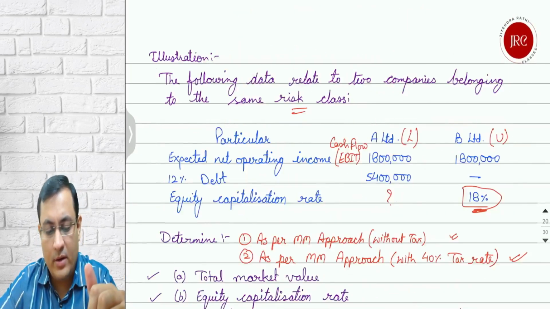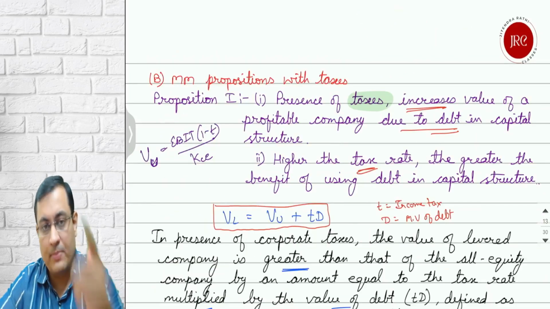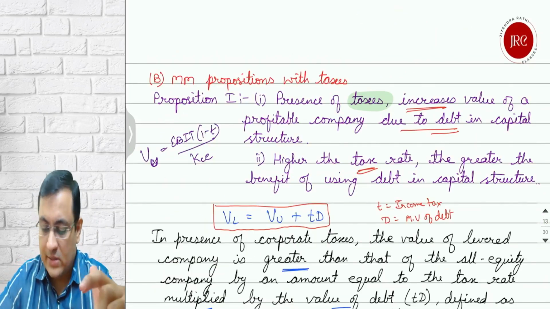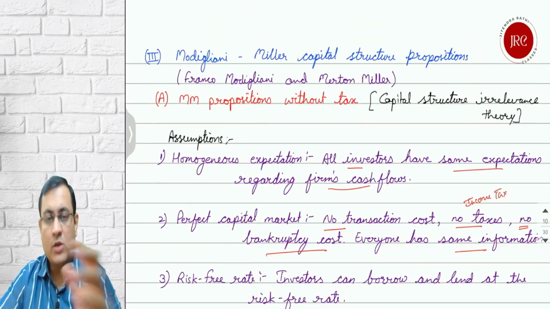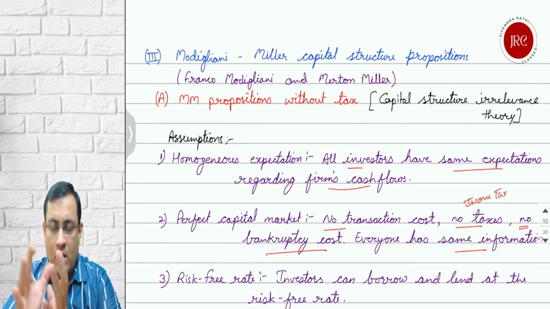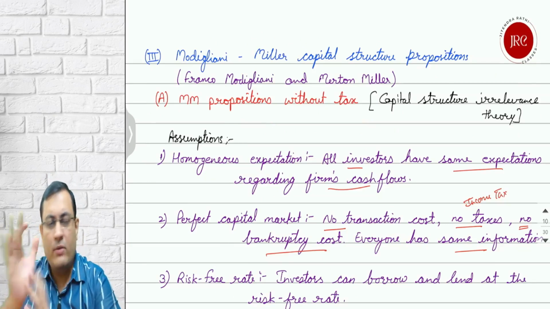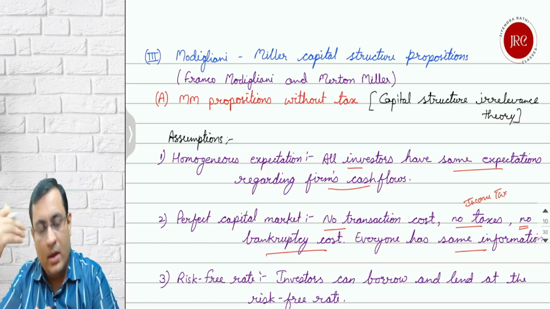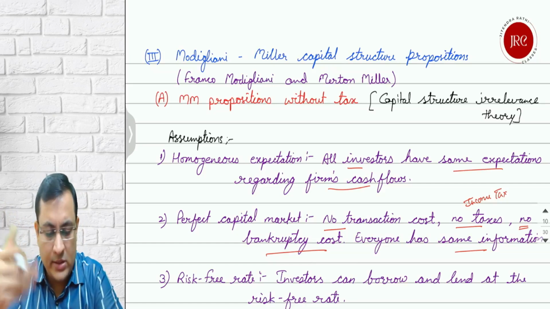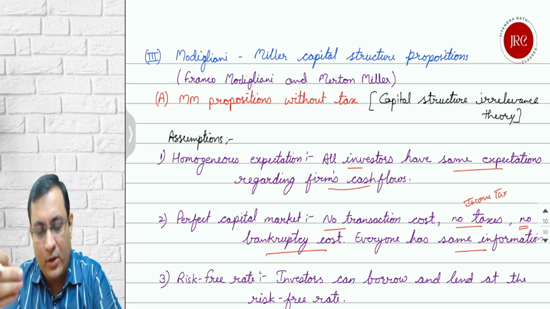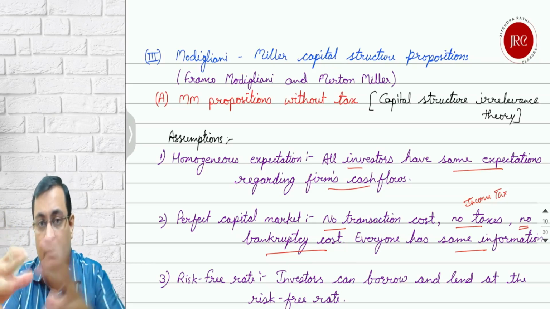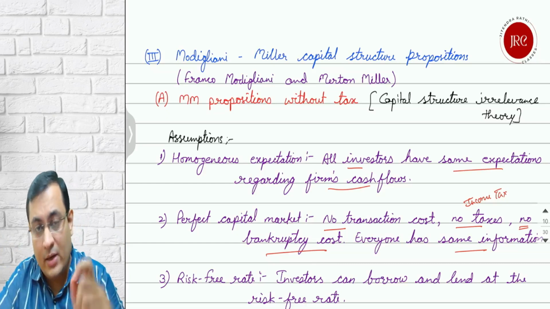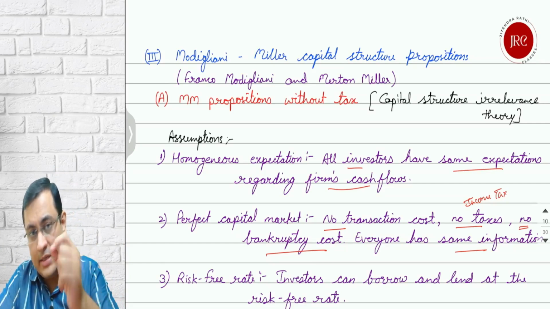What we have already done is the first approach, that is propositions without taxes. What was the problem in the approach? There was no problem, but there were certain assumptions, and these assumptions became limitations. Even when I was teaching this approach, I covered these assumptions in great detail, and we understood that there are two assumptions which will be improved in the next approaches.